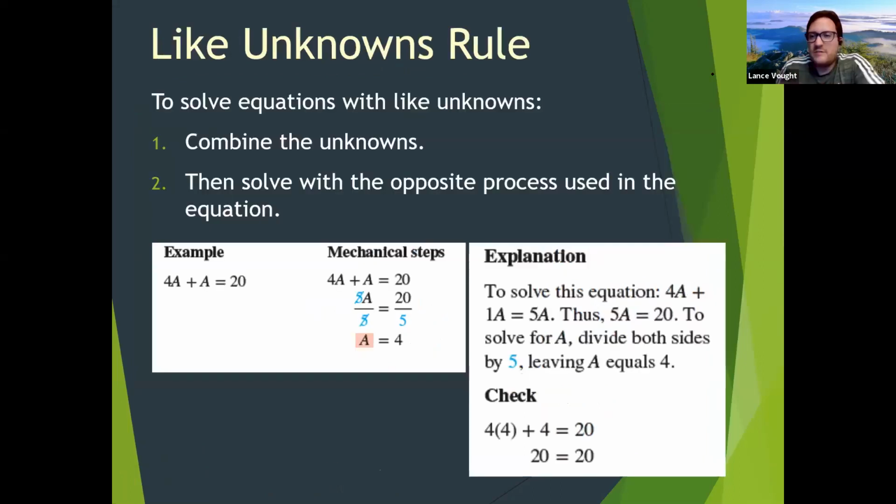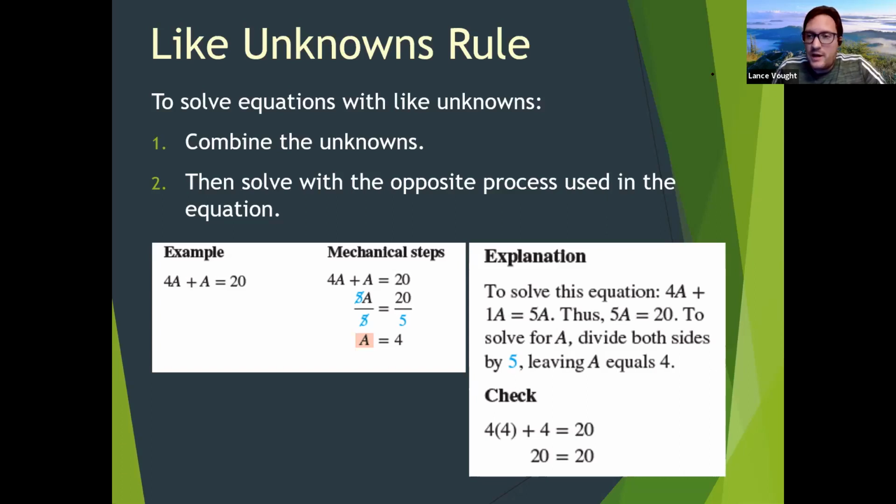Now, what if we have unknowns that are of the same variable? So if we have a bunch of a's, we got 4a, and then we add another a, how do we combine that? Well, it's kind of like a common denominator with fractions, where if the unit is the same, if you have the same kind of identifier, then the values can be combined.